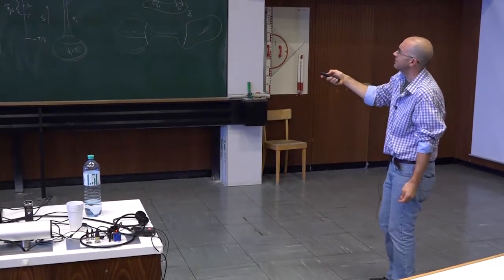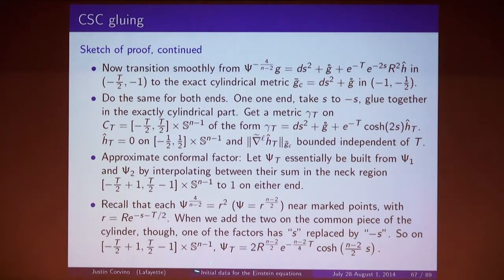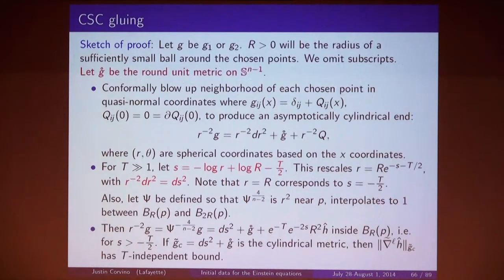What that means is, and this part's kind of cool, so inside the actual cylindrical region, we have psi to this power for the conformal rescaling, which is r squared. Inside near the marked points, r equals this. So here's your equation for s. You got some logs raised to the power. r satisfies this equation.